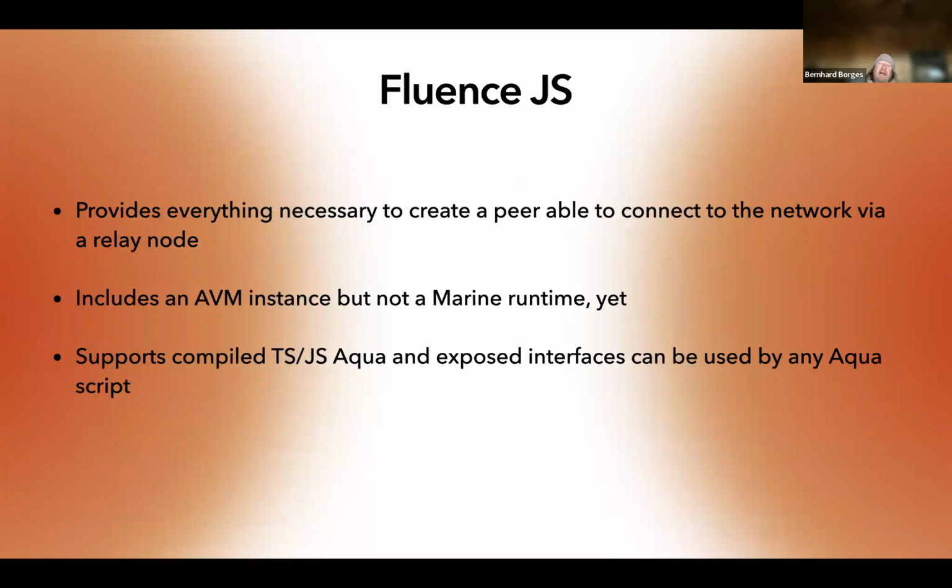Now, for those of us who hate Rust, it has to be JavaScript or TypeScript. We also have Fluence JavaScript. Right now it provides everything necessary to create a peer that is able to connect to the network through a relay node, and lets you turn JavaScript interfaces into Aqua consumable interfaces.